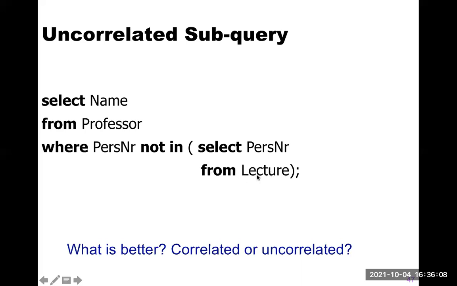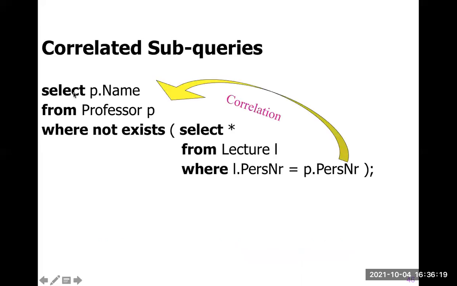So go through the lecture table just once, and then go through the professor table. So one scan of the lecture table and one scan of the professor table. In case of naive execution of a correlated subquery, I scan the professor table once, and for each record, I need to scan the lecture table.